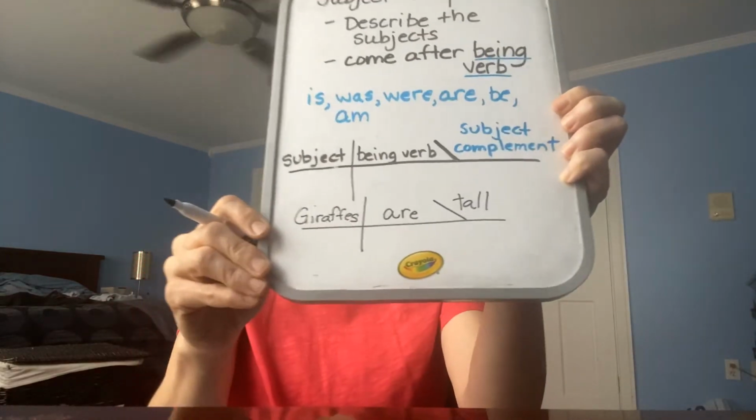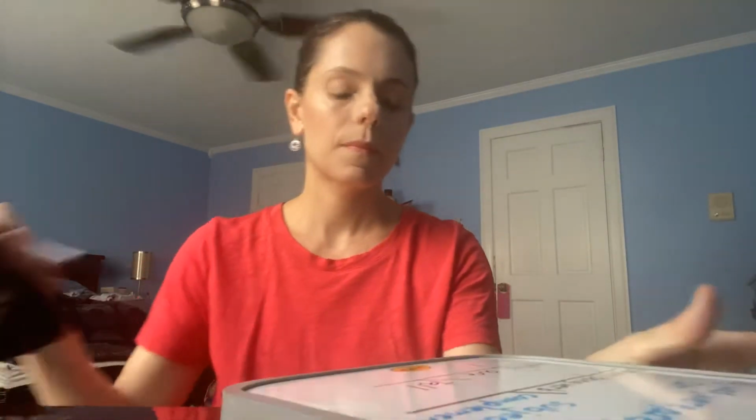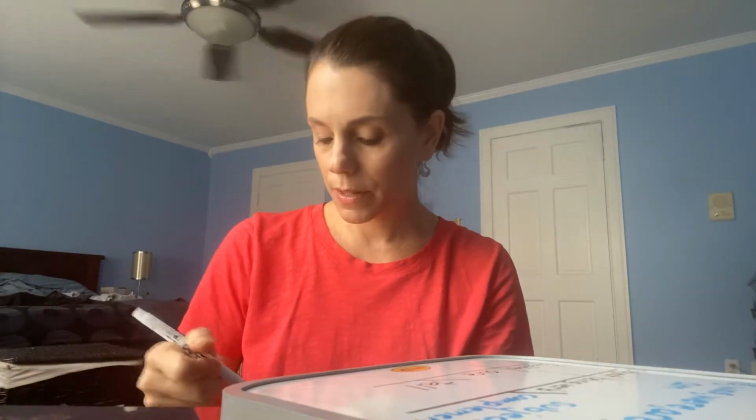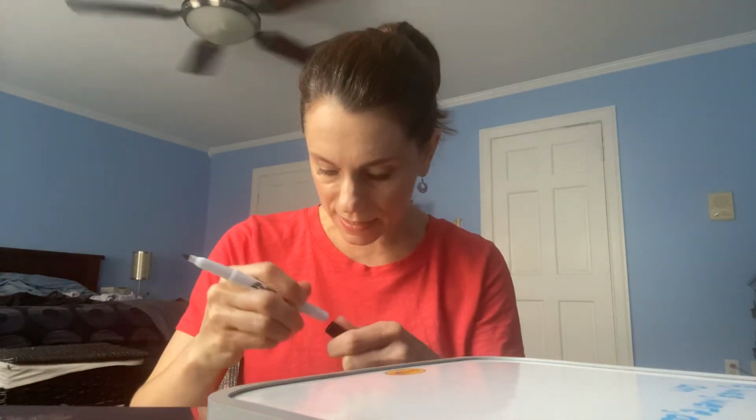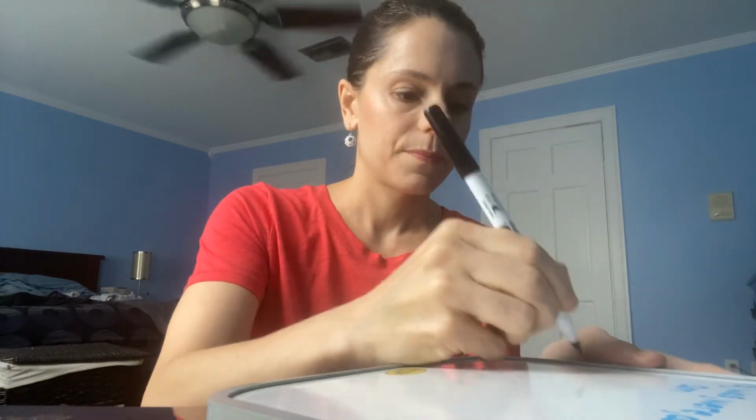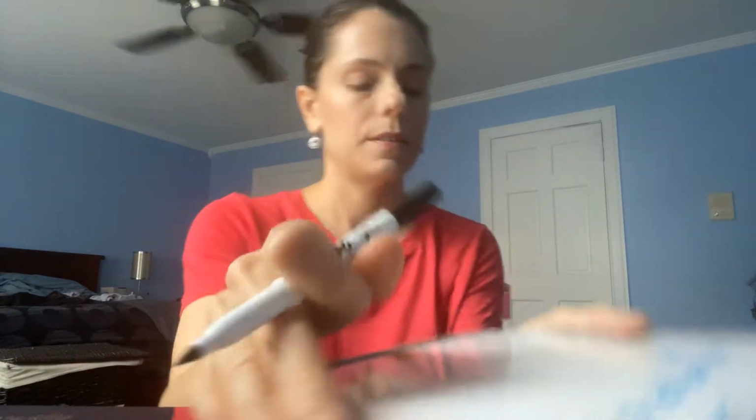All right, let's do exercise 1. I'm going to erase my board. If you want to follow along in your notebook, you're totally welcome to, but I'm just going to do it. We always do exercise 1 together. There are 3 sentences, and I'm going to number them.